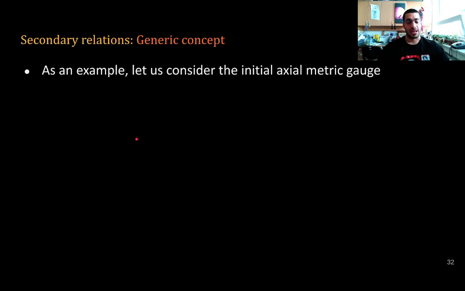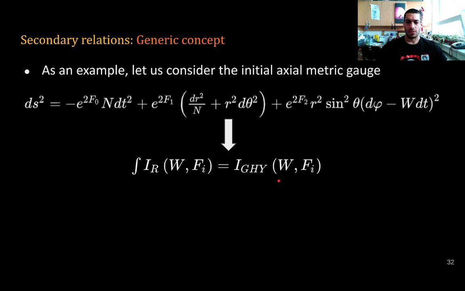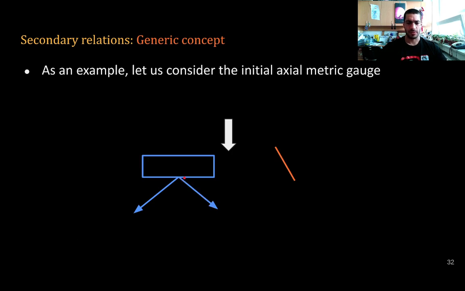At last, there are some secondary relations. For this, let us consider the initial axial metric gauge, which depends on the exponential of f of 0. If we compute the identity, we can see that the Gibbons-Hawking-York contribution is lambda function independent. This means that we can scale the Ricci contribution by lambda and perform two different lambda parameterizations.